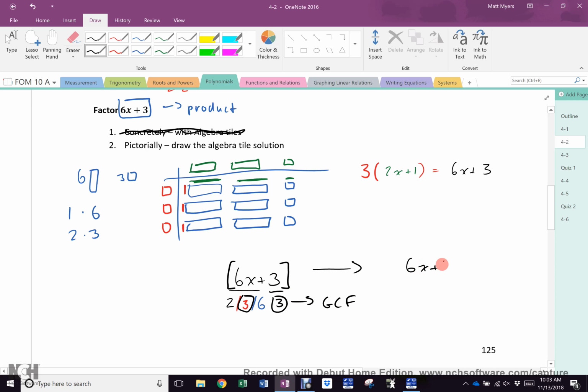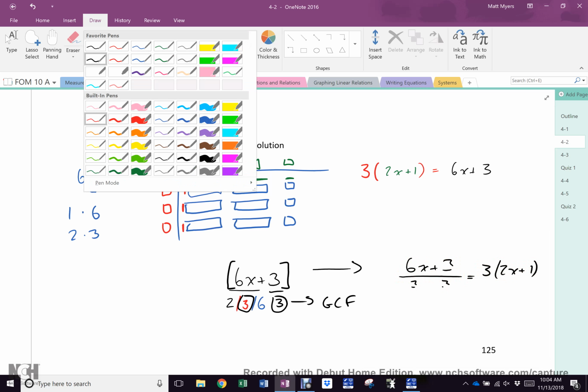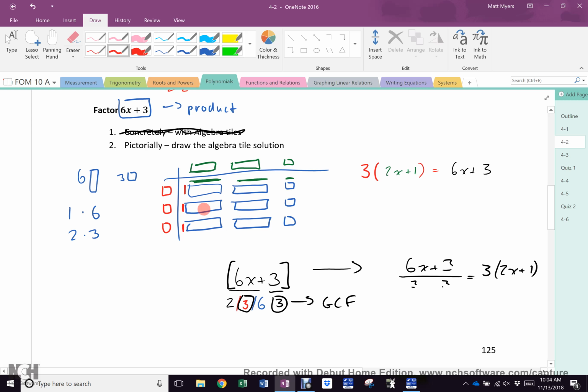I can take my original polynomial, divide it by the common factor, which gets me 2x plus 1, because 6x divided by 3. That gets me one factor, and my other factor is 3. And if you look back at what we just did, didn't we take 6x plus 3 and divide it into 1, 2, 3? Is everybody cool?